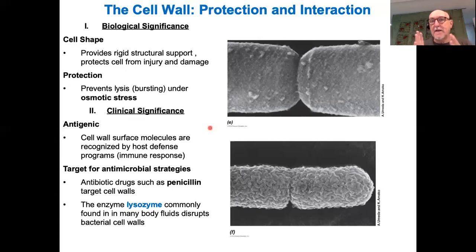But in natural systems, first of all, penicillin is produced by fungi for exactly that reason, to kill bacteria in the fungal environment. But our own bodies produce substances which will attack peptidoglycan in the cell wall.